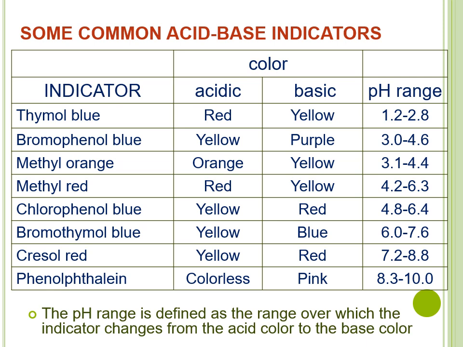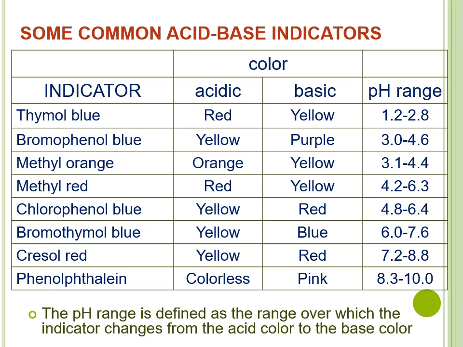Example, thymol blue here. It will change color from red to yellow, and the pH range is 1.2 to 2.8. Let's look at the famous ones, the most used, phenolphthalein.